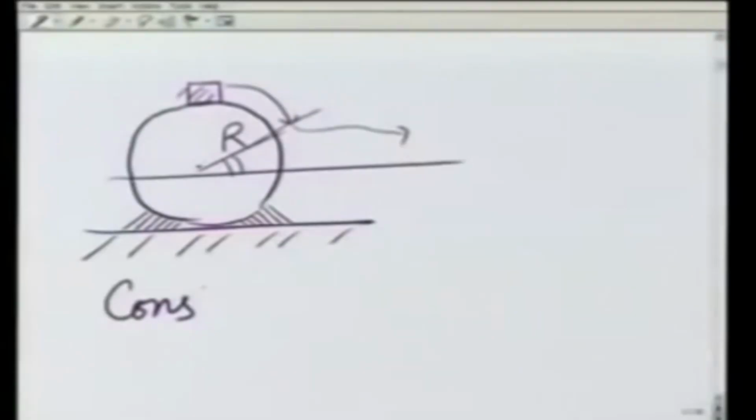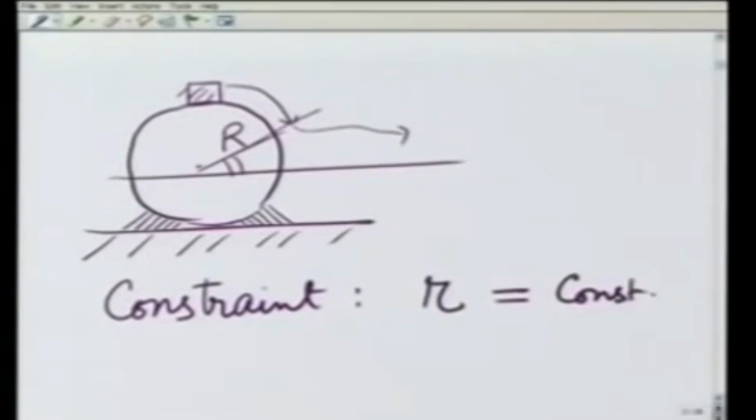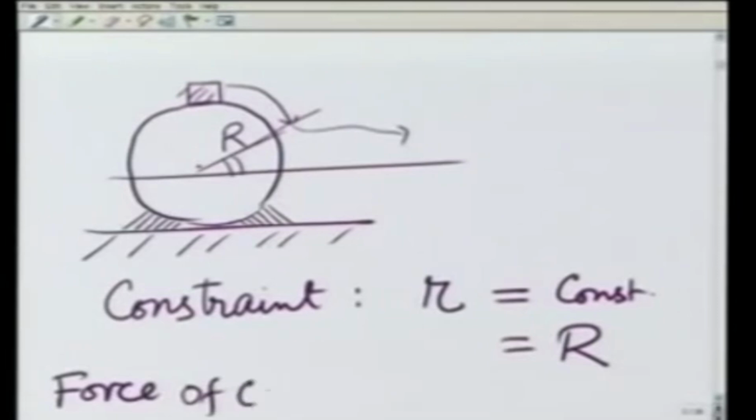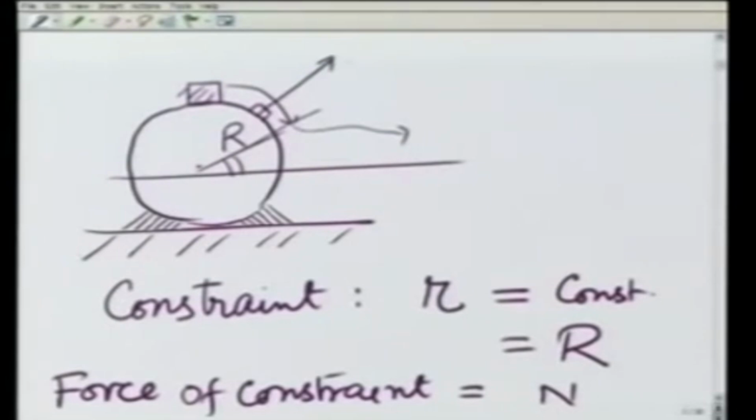The constraint on the moving block here is that the radius r is a constant, and this is equal to the radius of the drum R. The force of constraint then obviously is the normal reaction that the drum applies on the block.